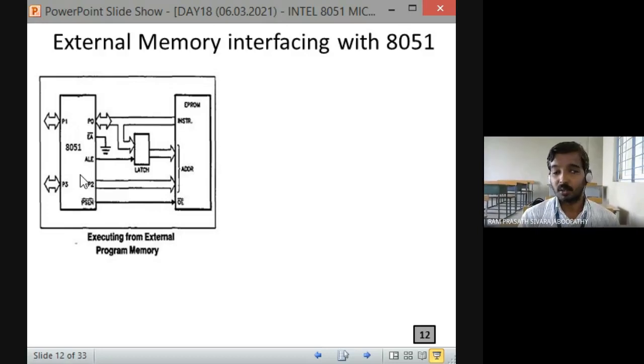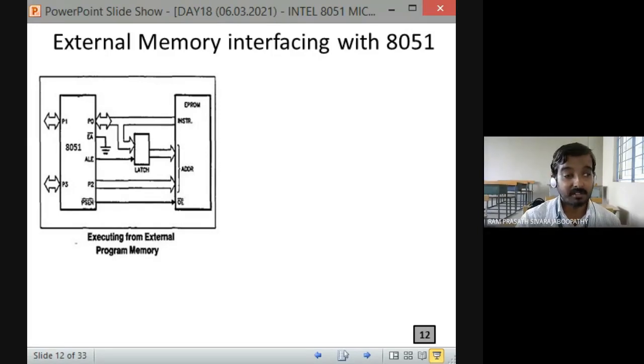Is it clear to all of you? So this picture clearly explains the interfacing of external program memory with your 8051 microcontroller. This is the way you have to connect your external program memory with the 8051 microcontroller. Is it clear now? Yes or no? Yes, fine. Now we are going to see how to interface the external data memory with the 8051 microcontroller.